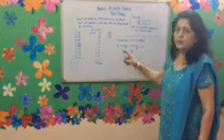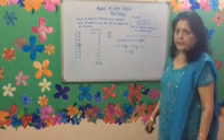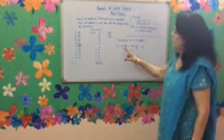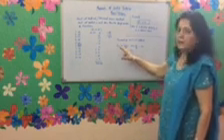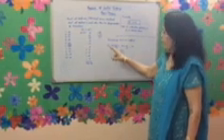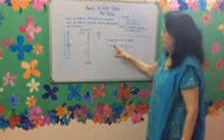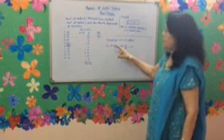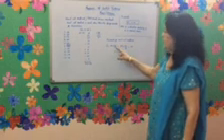Again we will put the formula for the shortcut method. Note the formula: X bar is equal to A plus sigma D upon N, where A is the assumed mean, D is the deviation, and N is the number of observations.